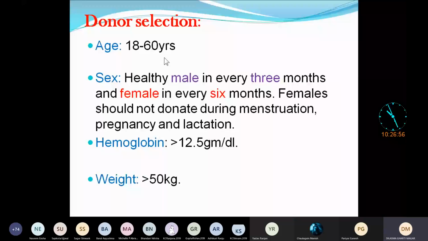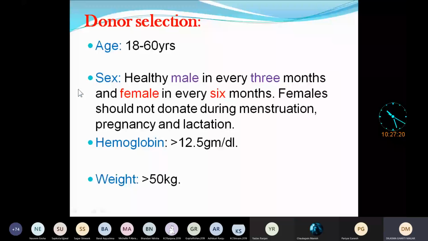Then when we tell them that they cannot donate blood, they say, I have donated last time. Maybe when there is so much crowd in the camp, they may not ask. So one should donate blood after 18 years and till 60 years, if the person is healthy.